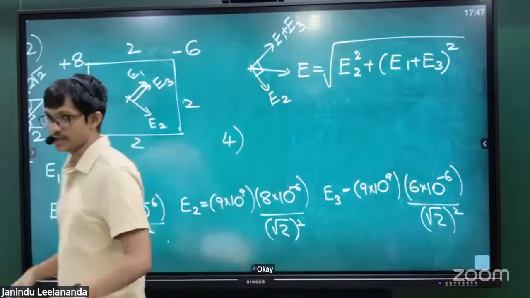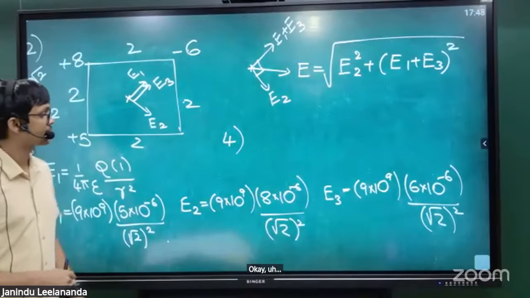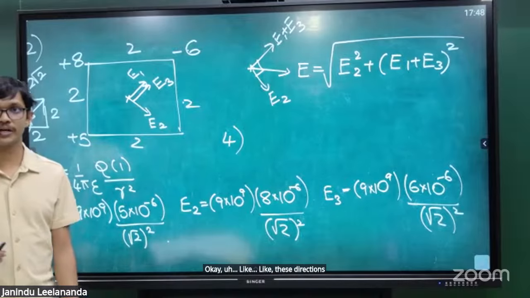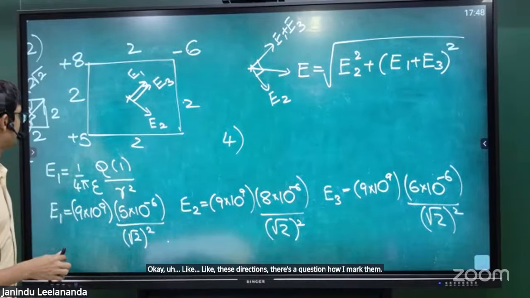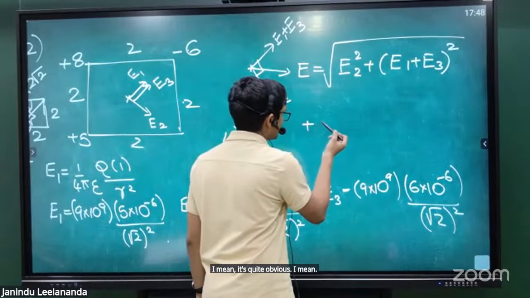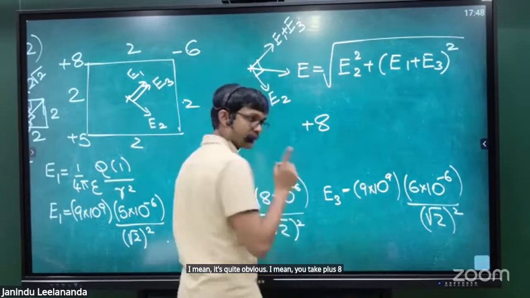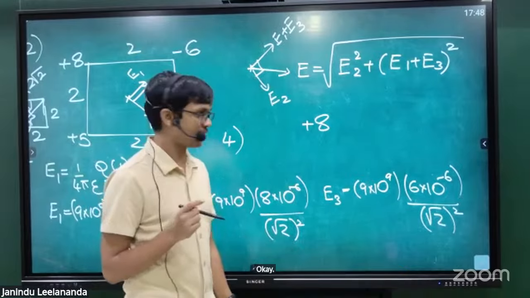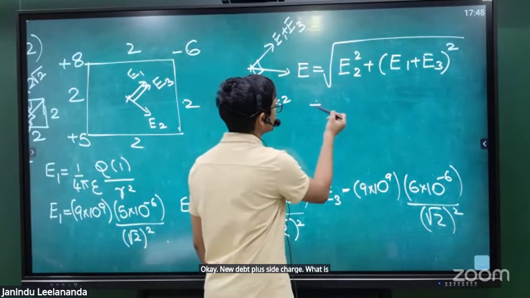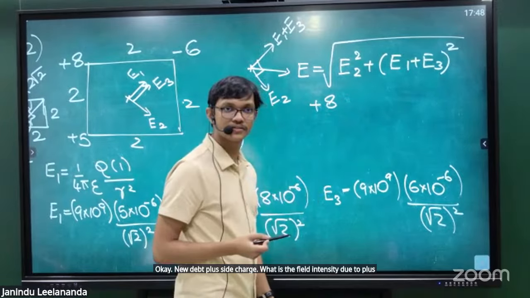Like these directions, there's a question of how I mark them. It's quite obvious. You take a +8 charge. What is the field intensity due to the +8 charge?